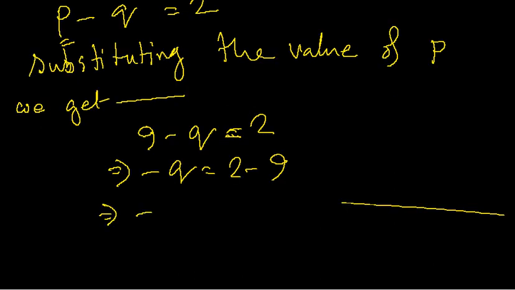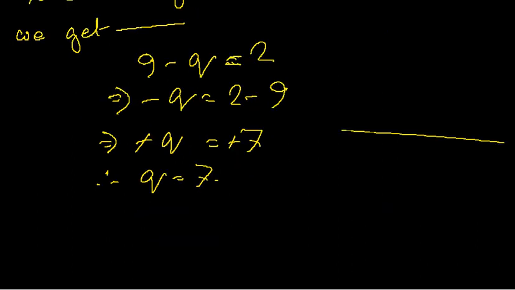Then from here minus q equals minus 7, this minus will be cancelled here, so q equals 7. So finally we got the values, one for p and one for q.